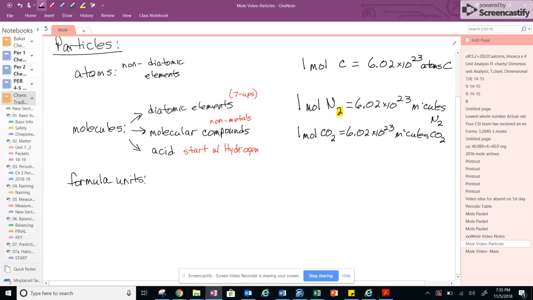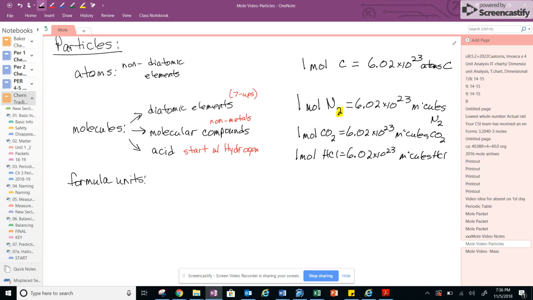And if I had 1 mole of hydrochloric acid, guess what? 6.02 times 10 to the 23rd is the number of things I have, but it's going to be molecules of HCl. So as long as it is a diatomic element, a molecular substance, or an acid, we have 6.02 times 10 to the 23rd molecules of that substance, if, of course, I have 1 mole of it.